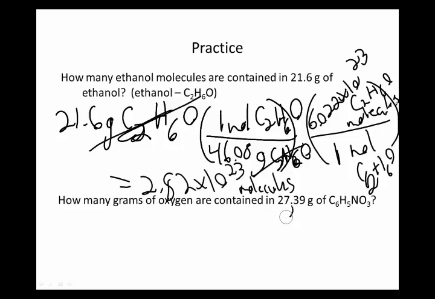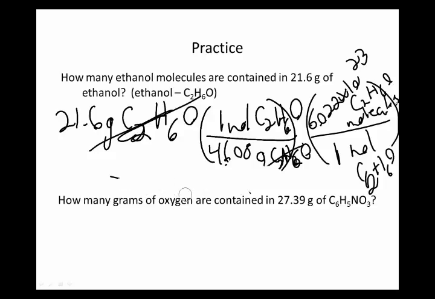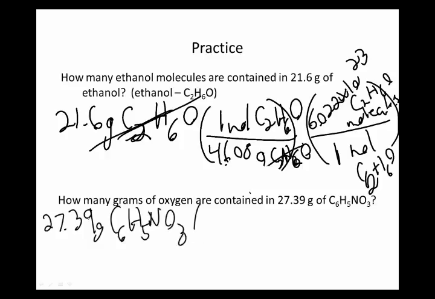And then the next problem: how many grams of oxygen are contained in 27.03 grams of this compound? First things first, I need to go from grams of C6H5NO3 to moles of C6H5NO3, and we'll calculate the molar mass real quick.